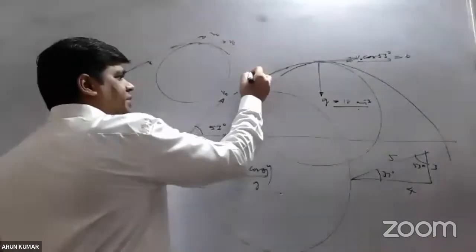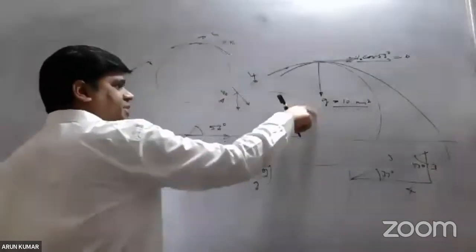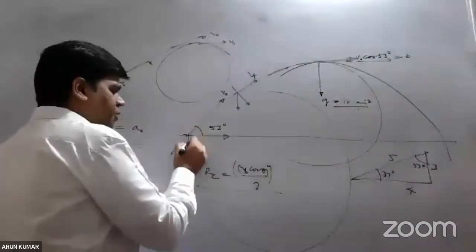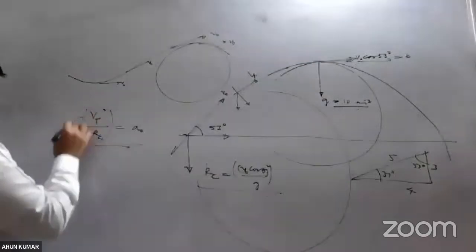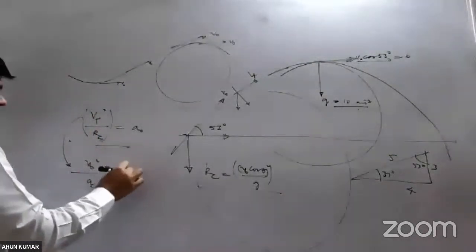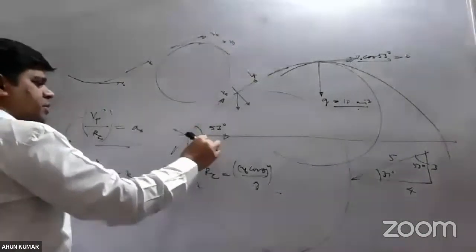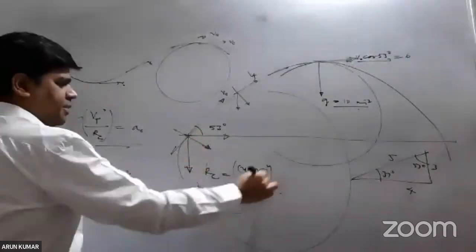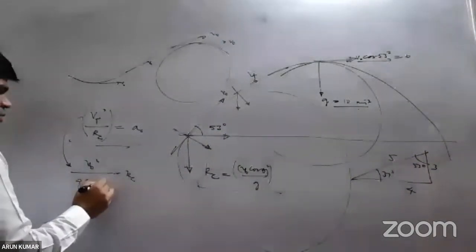Here I need Vt and the component of G perpendicular to the tangent. Here G is already perpendicular to the tangent, and the tangential velocity V0 cos 53 is easy. But let's say I need it at the point of launch. V0 is the tangential velocity. So V0 square by AC is Rc. Now what is AC? I have to take the component of acceleration perpendicular to the tangent. That is radial, perpendicular to the tangent. So I'll have G cos 53.